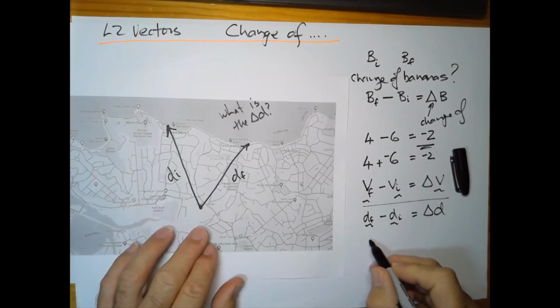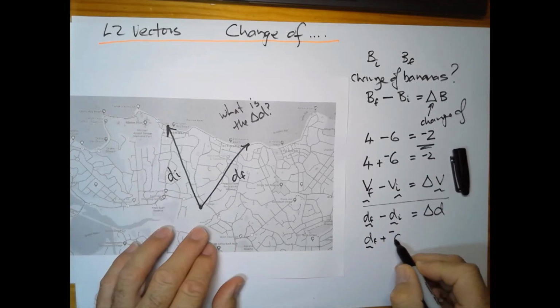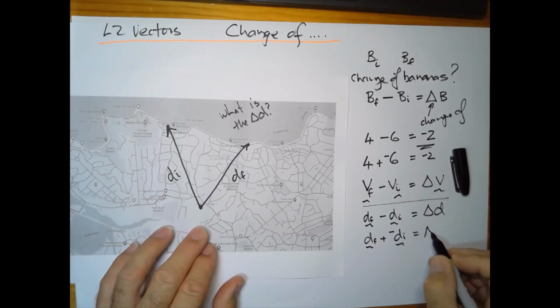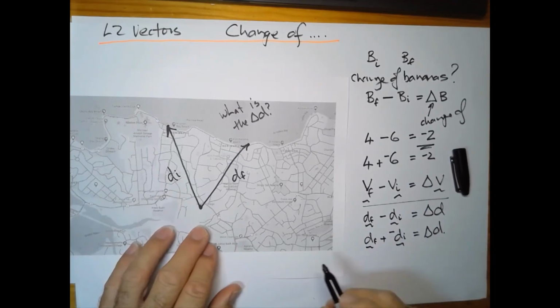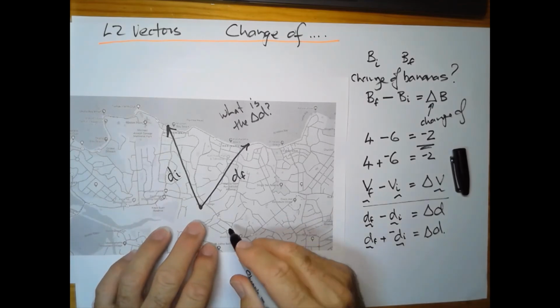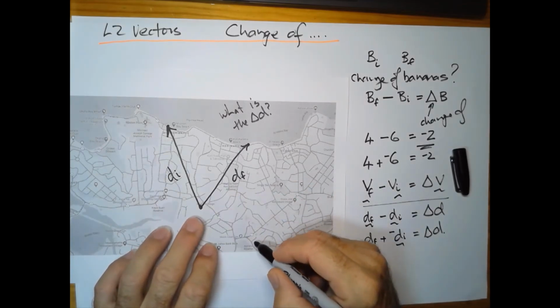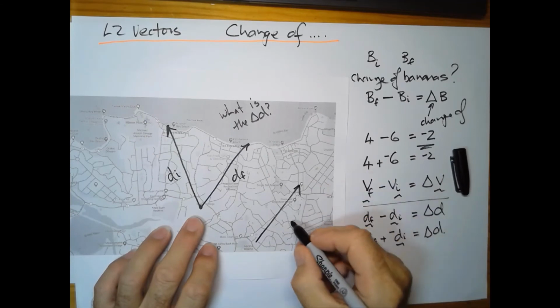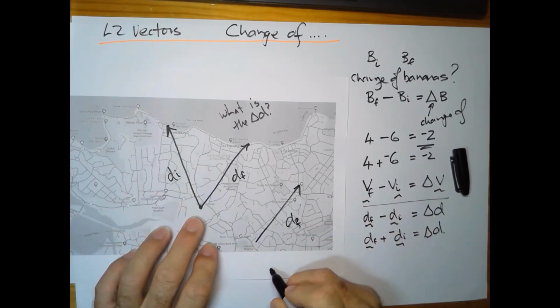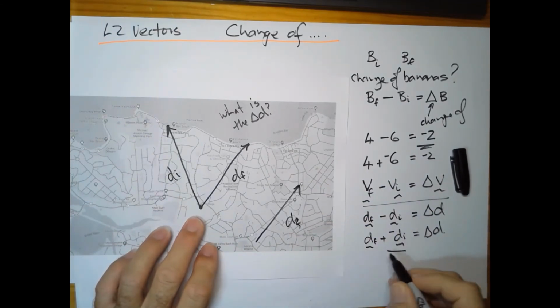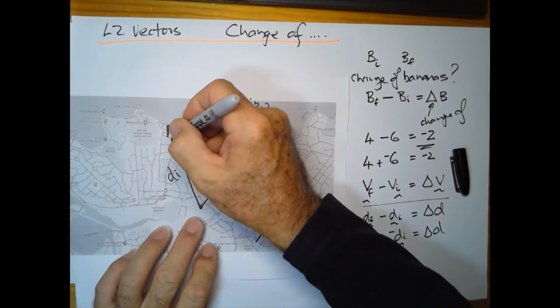And we will rewrite that as final displacement plus the negative of the initial displacement is equal to the change in displacement. So let's have a look at this then. Our final displacement plus the negative of the initial displacement. Here is the initial displacement.